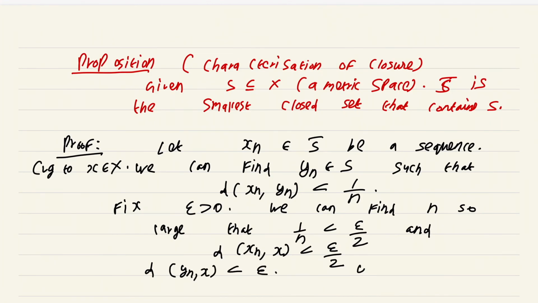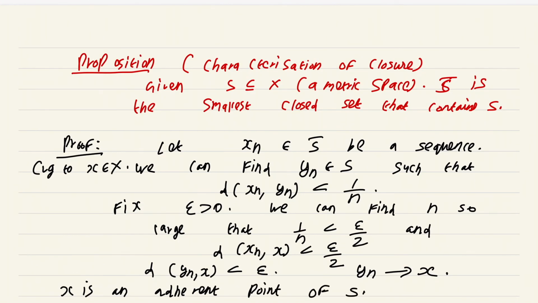Consequently, y_n converges to x, and this means x is an adherent point of S, which means x is in the closure of S. This shows that the closure of a set is always a closed set.